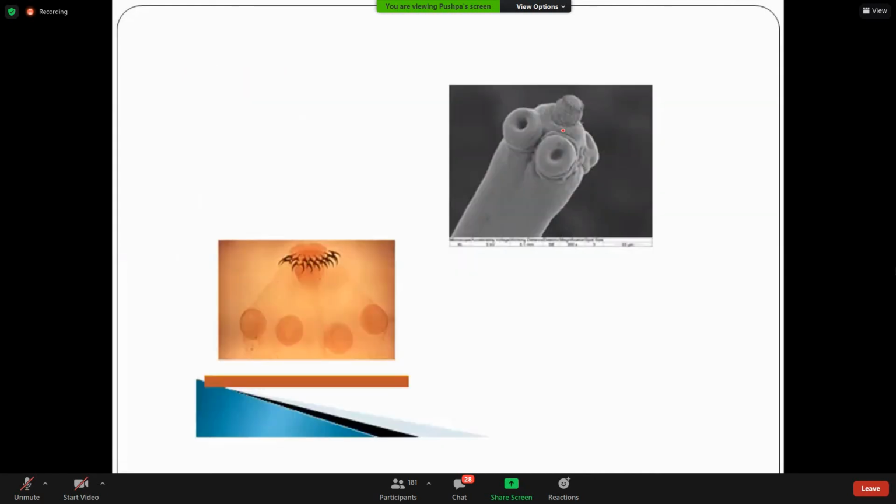So I was telling you these suckers are just like empty cups. They can get attached to the lumen of the intestine and derive their nutrition from there.